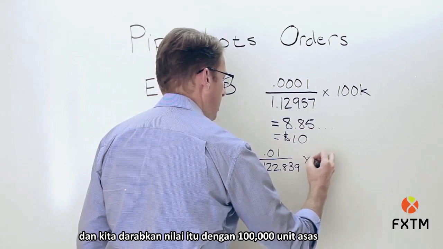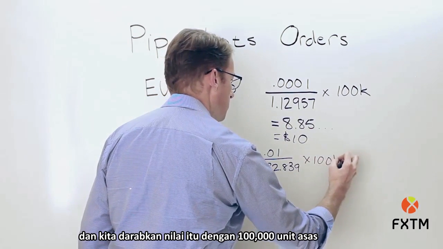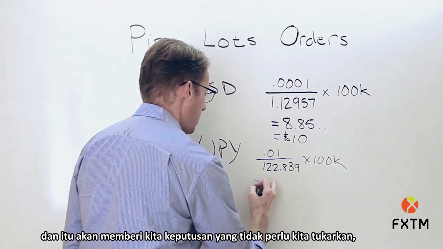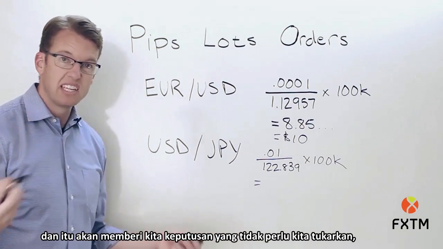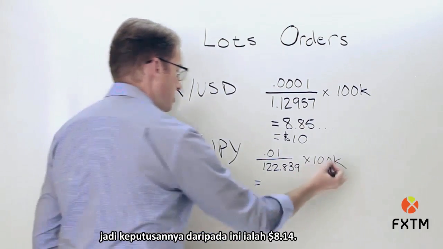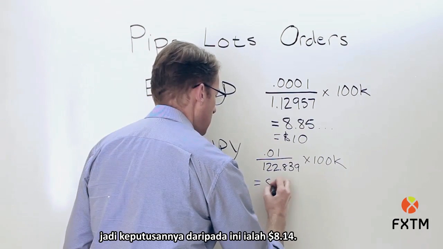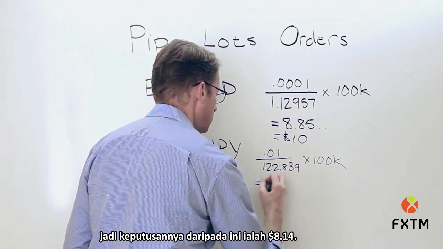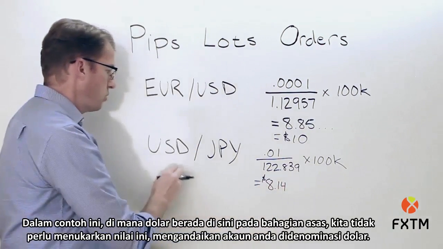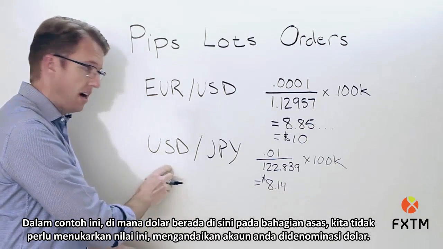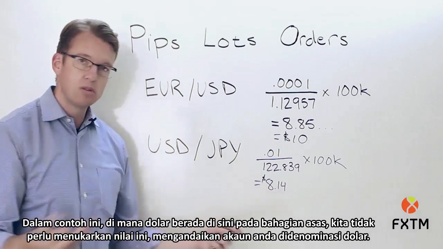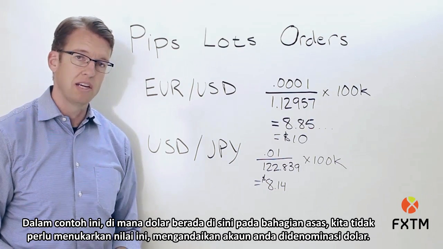And we multiply that by 100,000 units of the base. And that's going to give us a result that we don't have to convert any further. So the result from this is going to be $8.14. So in this case, where the dollar is over here on the base side, we don't have to further convert this, assuming that your account was in dollar-denominated terms.